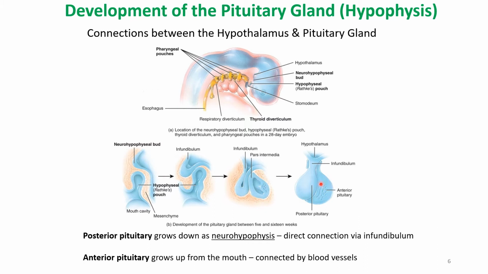And then we're going to have the anterior pituitary gland, which is going to be coming up from the roof of the mouth. So the posterior pituitary we call the neurohypophysis because it's coming out of the brain, essentially. It's coming from the nervous system. And the anterior hypophysis is going to be connected by blood vessels instead of neurons coming down here.